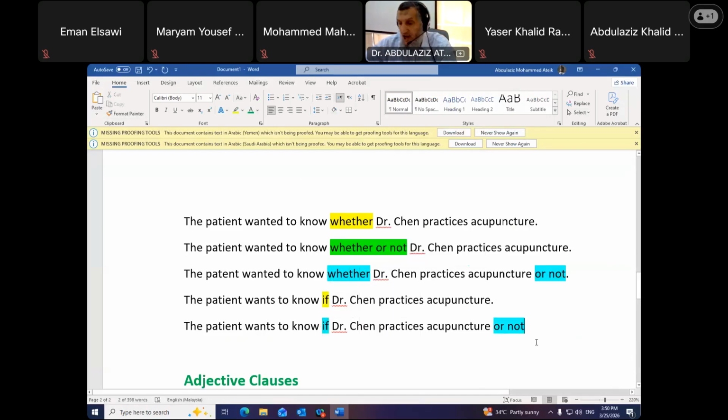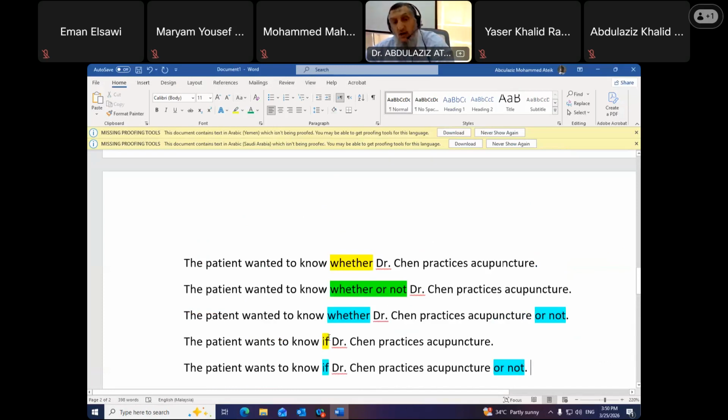So we cannot say if or not. No. So we have the patient wants to know whether or if. Equal. If blah blah blah or not. Number 3.